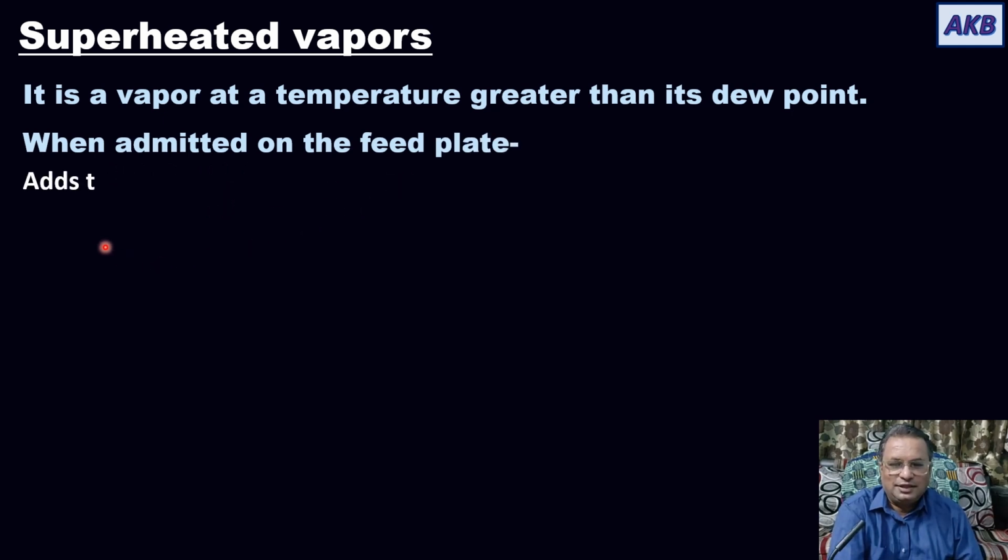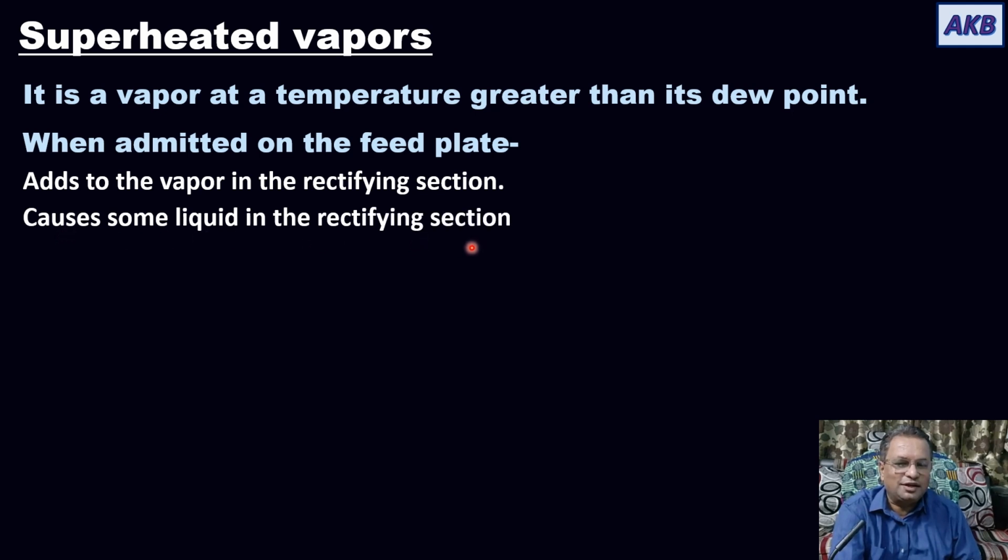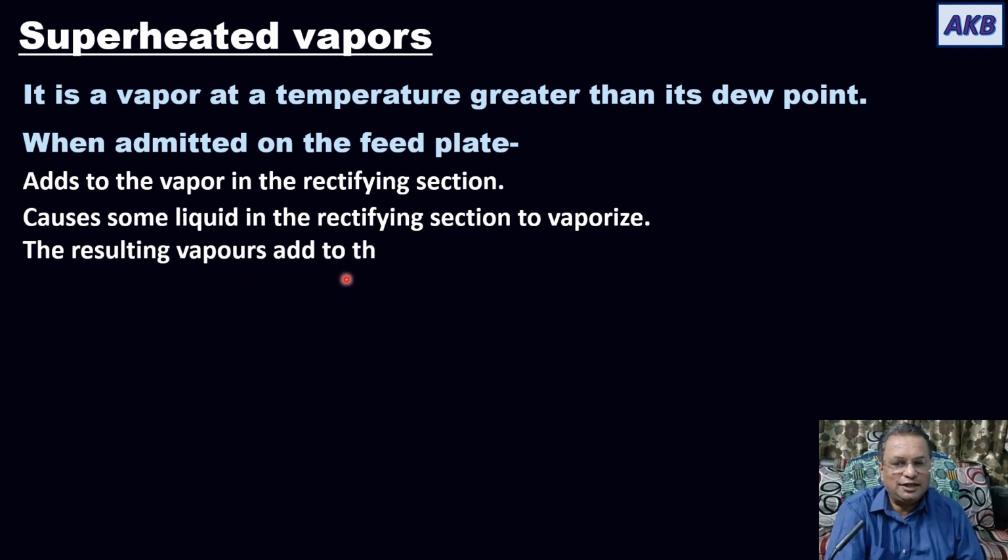It being entirely vapor, all of the feed will be getting added to the vapor in the rectifying section. Plus, due to its high temperature, it is going to cause some liquid in the rectifying section to vaporize. And the resulting vapors will be getting added to the vapors in the rectifying section.